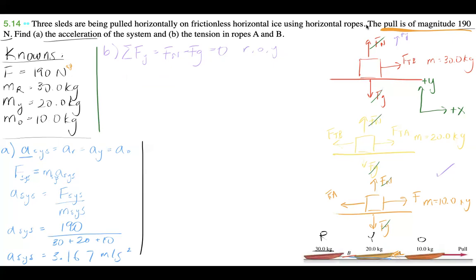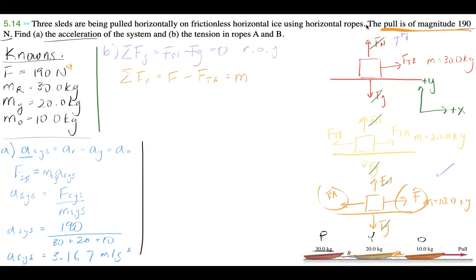Okay, so the summation of forces in the X direction is positive F minus FTA. And what's that equal to? That's equal to the mass of the sled times the acceleration of the sled.